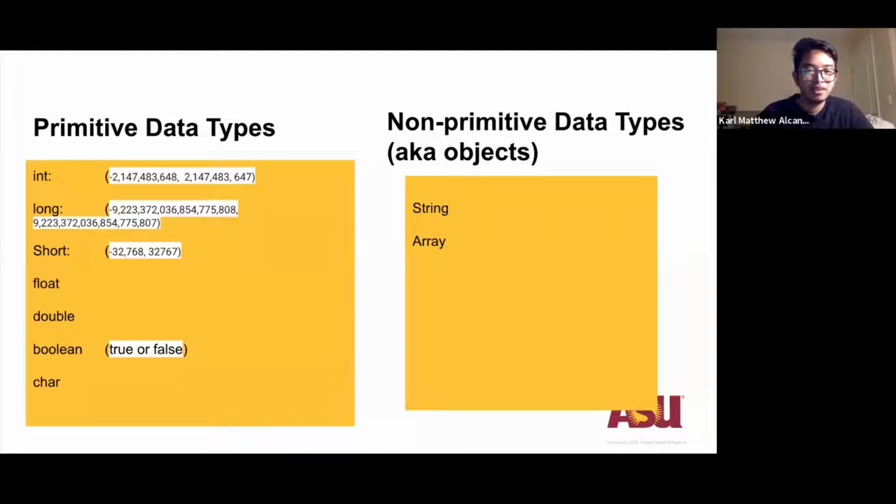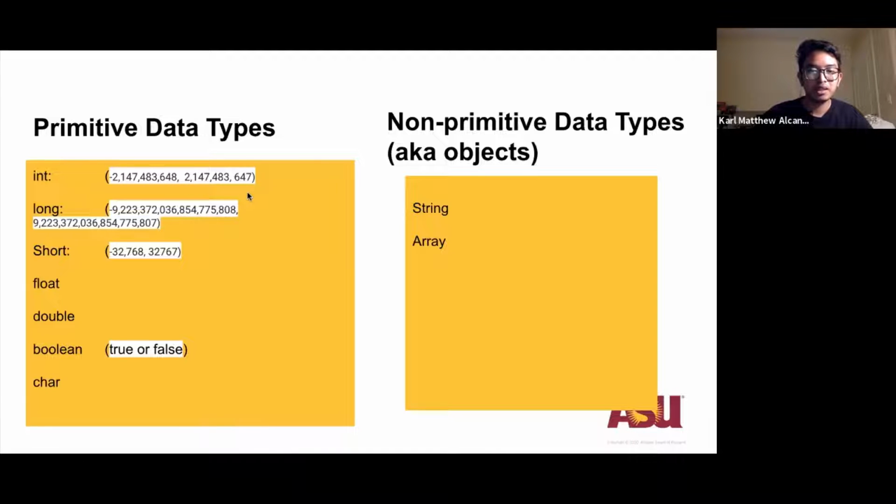And I put some of the ranges that are characteristic of each data type. So an integer can be within the range of, let me see, -2 billion to a little over 2 billion.